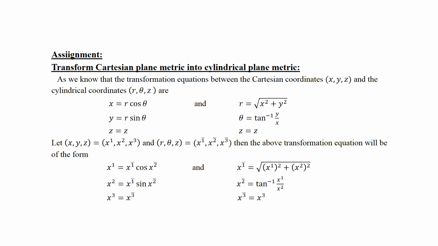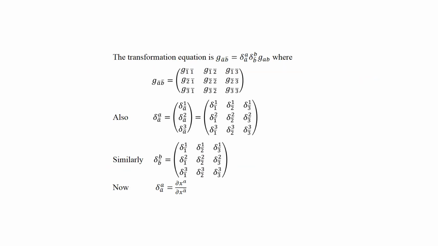So next we have the transformation equation, as this equation is just like what we have in spherical coordinates. The transformation equation is g a bar b bar is equal to delta a bar delta b bar g a b, where g a bar b bar is equal to g1 1 bar, g1 2 bar, g1 3 bar, g2 1 bar, g2 2 bar, g2 3 bar, g3 1 bar, g3 2 bar, g3 3 bar, and deltas are given as these terms.